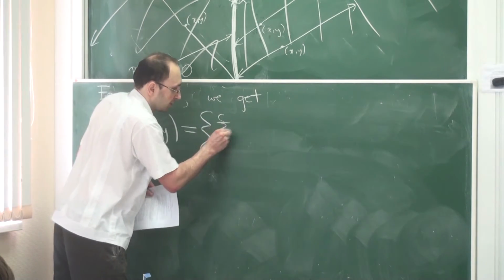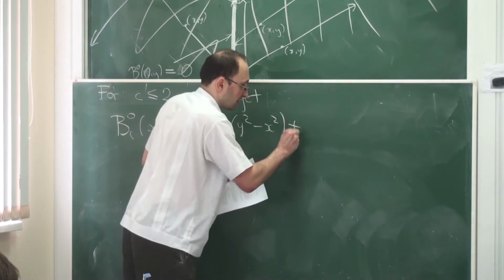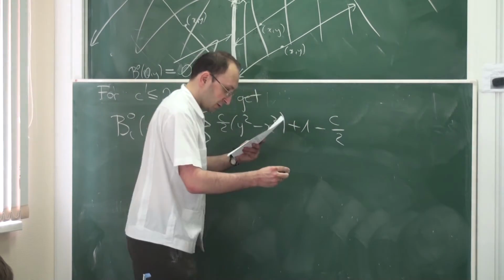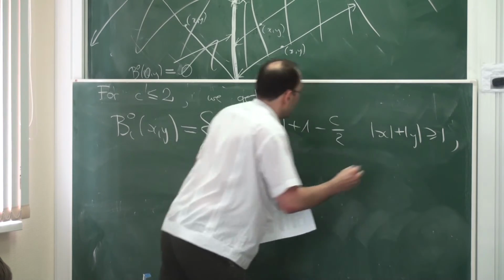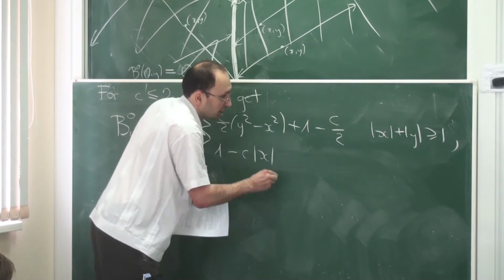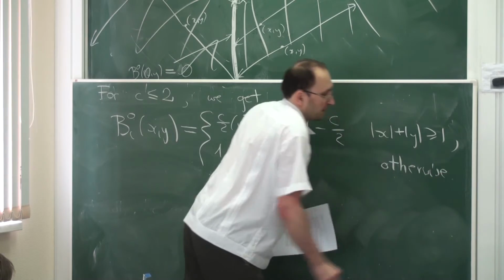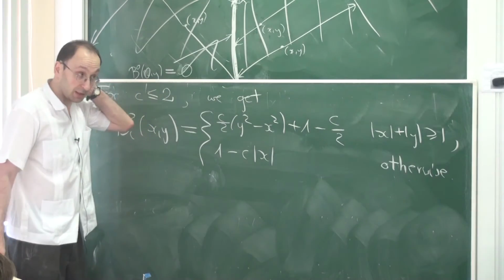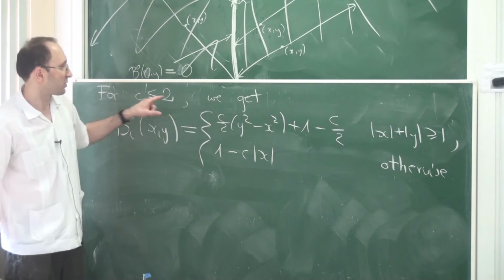C2, when x plus y is larger than 1, and 1 minus Cx otherwise. It turns out that everything works fine. This formula works fine for C smaller than 2.